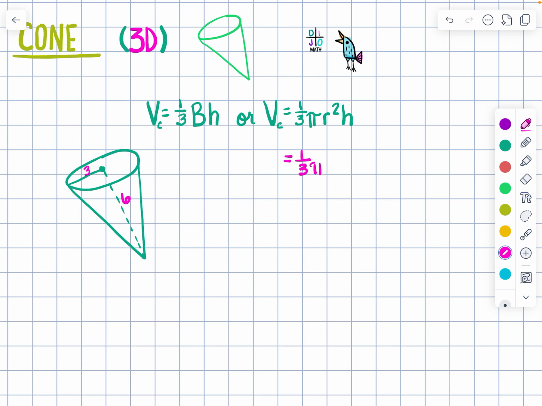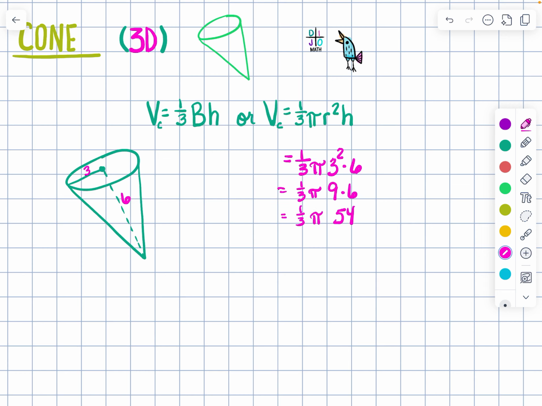I'm just going to bring it down, 1/3 pi, and my radius is 3, so that's going to be 3 squared, and then my height is 6. Okay, again, I'm going to bring it down to 1/3 pi. 3 squared is 9. Times 6, I know that 9 times 6 is 54. Pi 1/3.